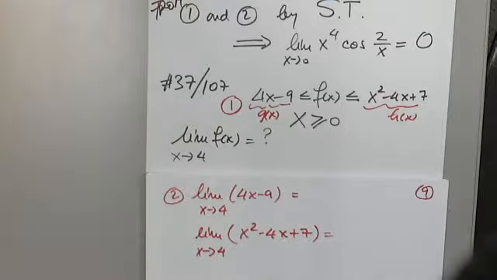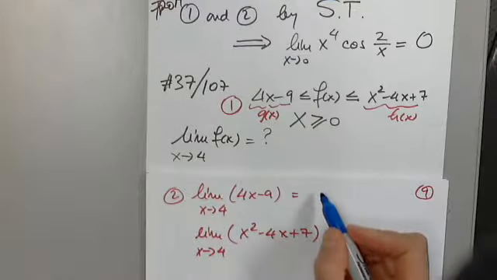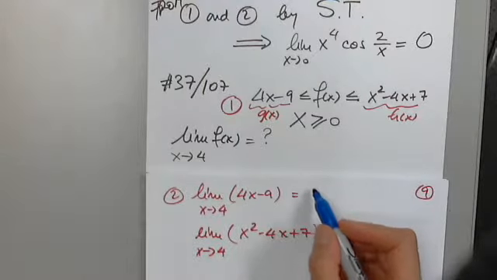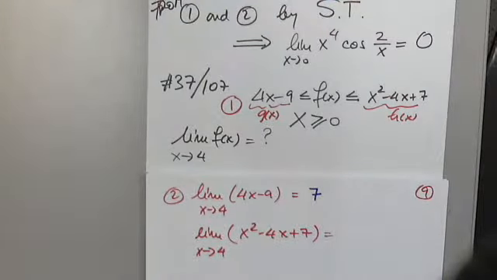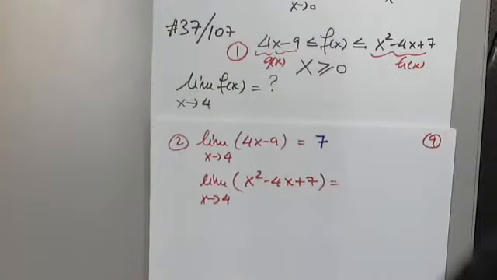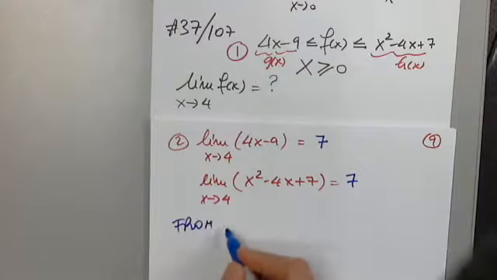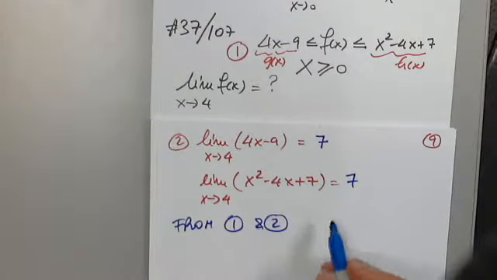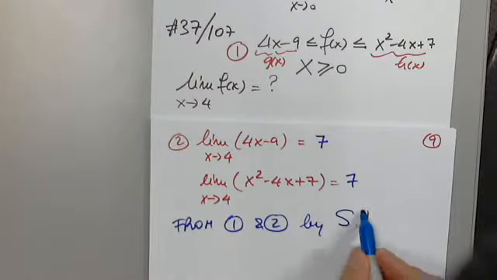So let's see. What do I get for the first one? 1 more time. 16 minus 9, the limit is 7. Good. That's okay. And the second one? 7. From 1 and 2 by the squeezing theorem.